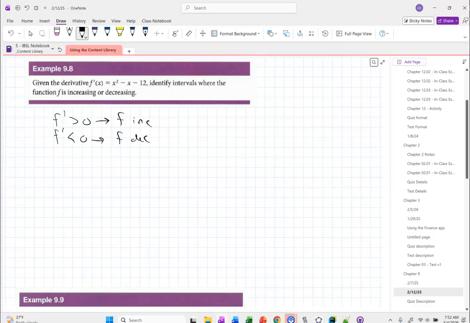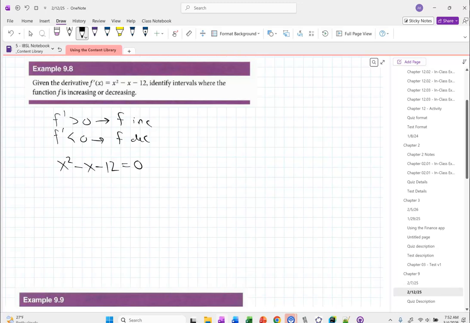So if I want to find out where the derivative is positive and negative, basically what I'm going to be doing is building a sign diagram for that function. You guys remember building sign diagrams last year in pre-calculus? Okay, well let's do it anyways. The first thing I want to do is start by setting our derivative equal to 0.